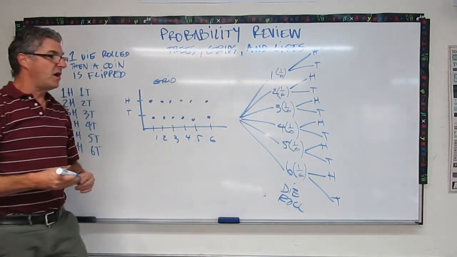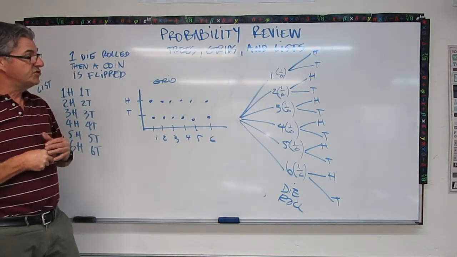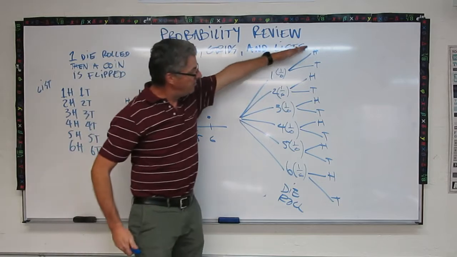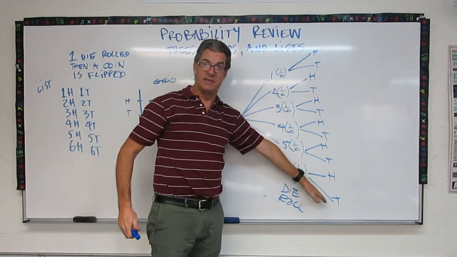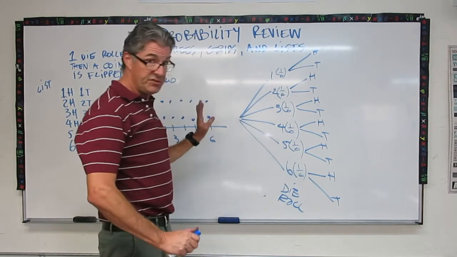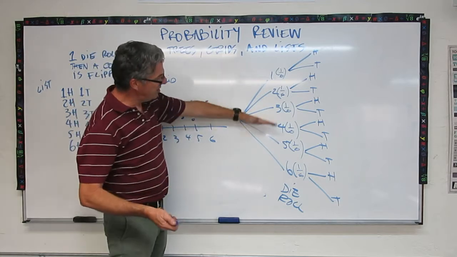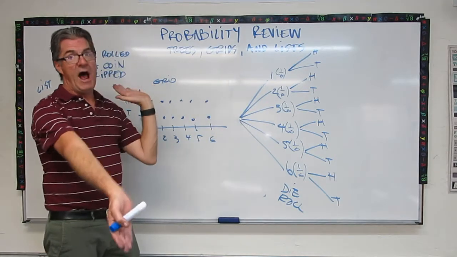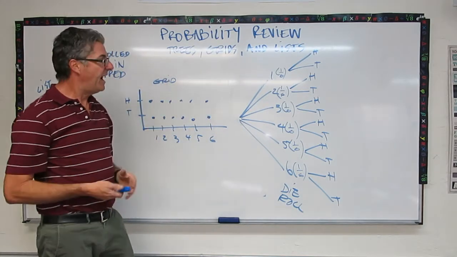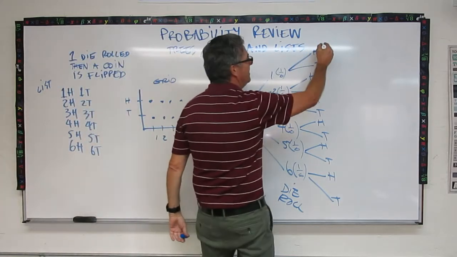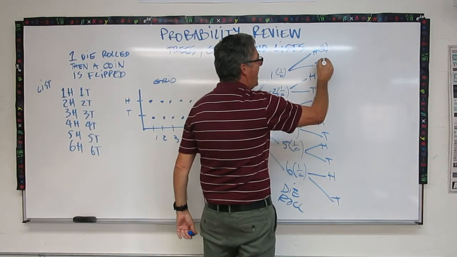And there's a little bit of an art to being able to draw a tree so that you have enough room by the time you get out to your last set of branches. The trick, my trick, is make sure that your first set is wide. Use all the space you have. All right, now these probabilities are just 1/2 each time.